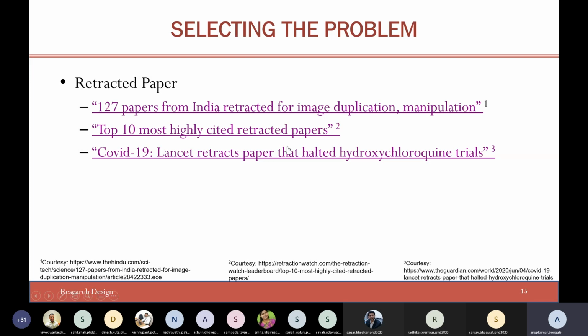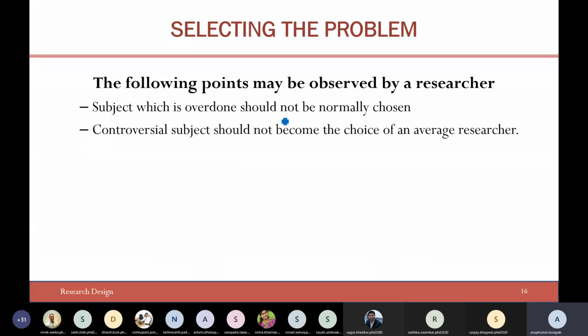That is why I am everywhere saying that you should be very cautious when taking care of your research problem. You should always avoid getting into controversial subjects. I'm not denying the fact that you should not take up that particular research area also.